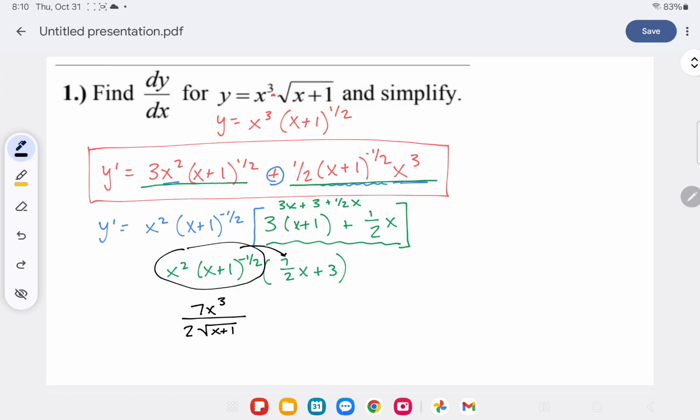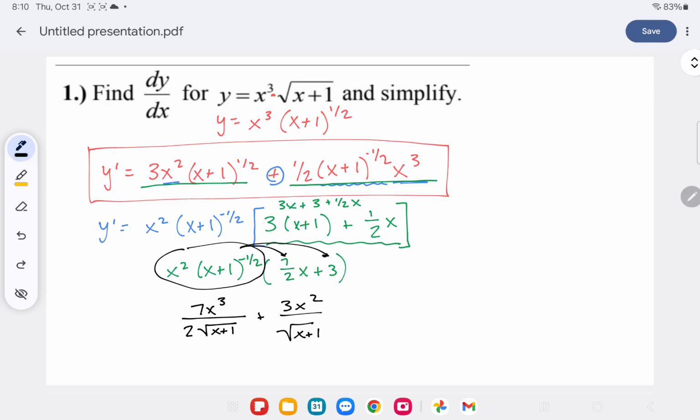Moving it to the denominator because it has a negative exponent, where it has a positive power of 1/2. Then I'm going to distribute it over here, and this is a little bit easier, we just get 3x squared over the square root of x plus 1.